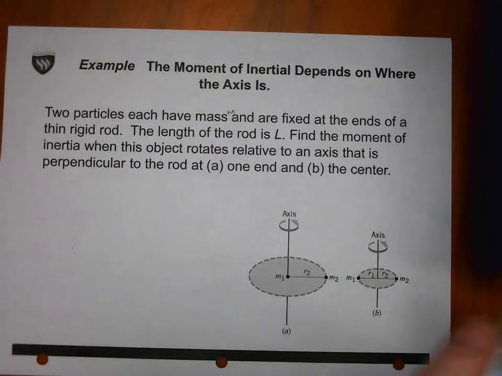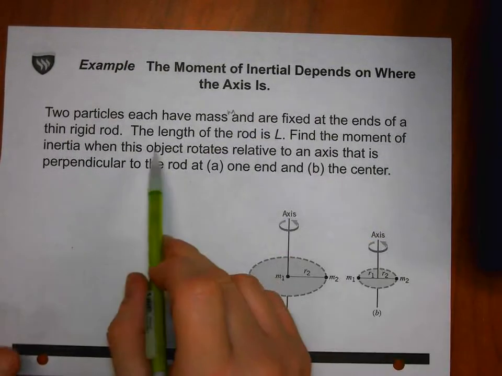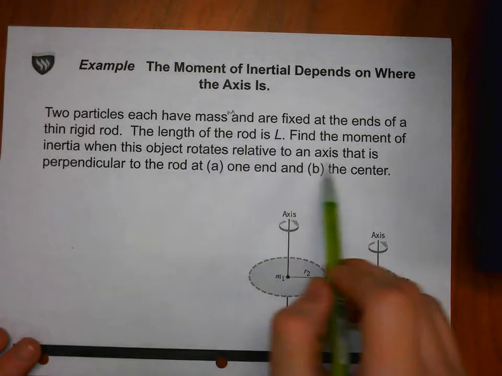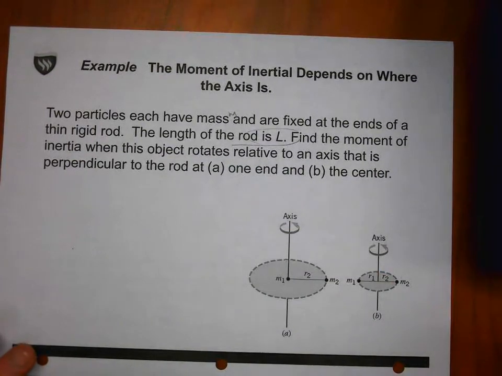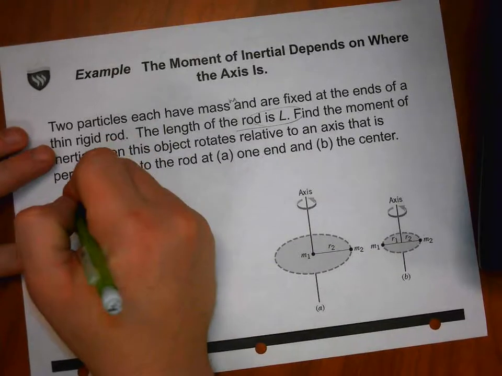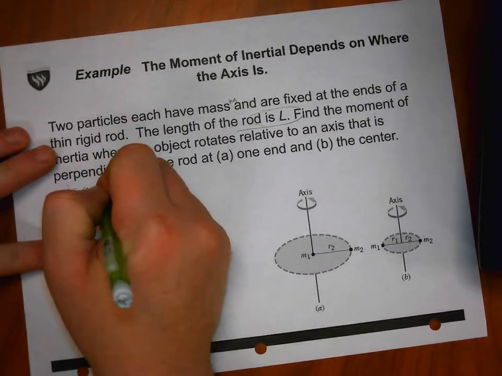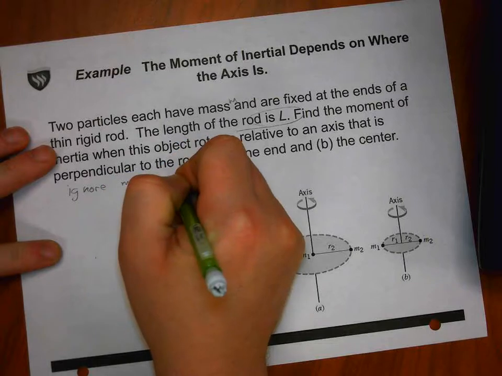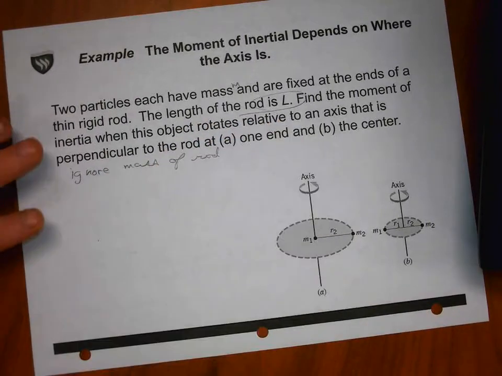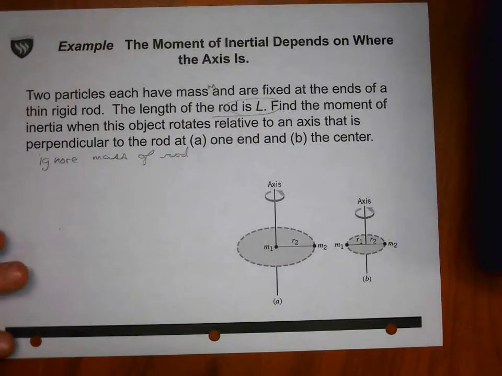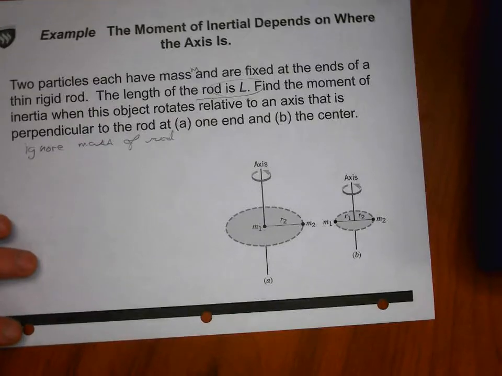So these two particles are equal mass, and they're connected by a rigid thin rod of length L. And we're just going to ignore the mass of the rod itself. I should probably put that in there. All it's doing is connecting the two point masses.